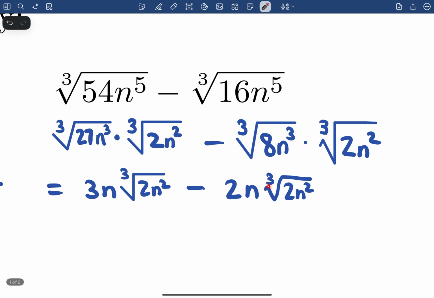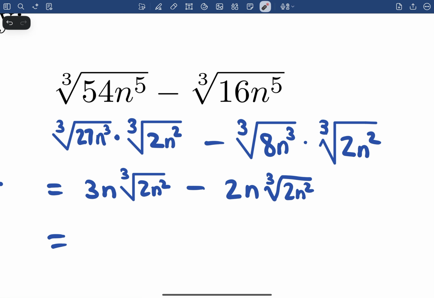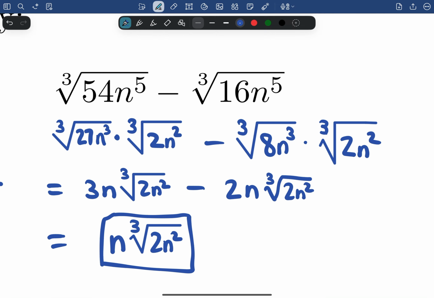Yes, they have the same index and they have the same radicand. So I'm going to take 3n and subtract 2n, and I get 1n. 3n minus 2n is 1n. And multiply that by the cube root of 2n squared. That is my final answer, simplified all the way.